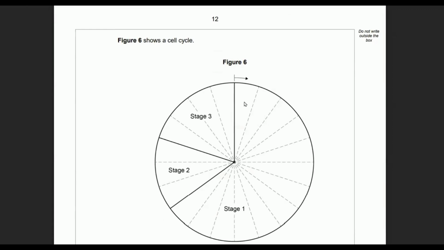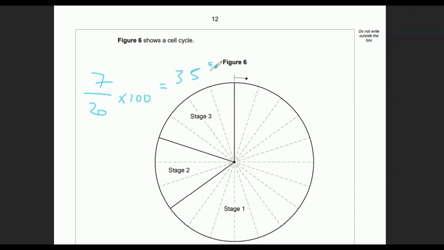They've broken this up into 20 sections. So you're looking at 7 sections. So we're looking at 7 divided by 20 times 100, and that is going to give us 35%. Okay.